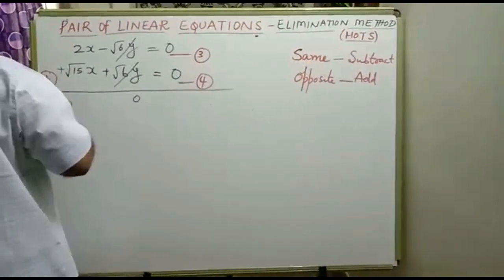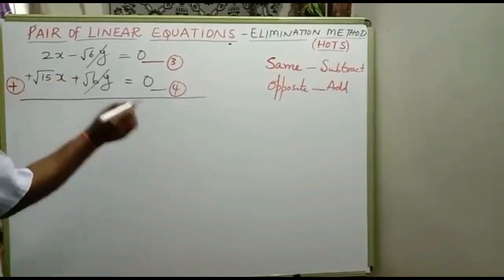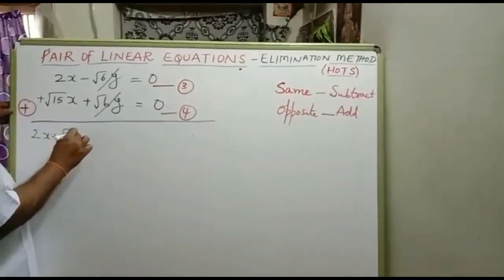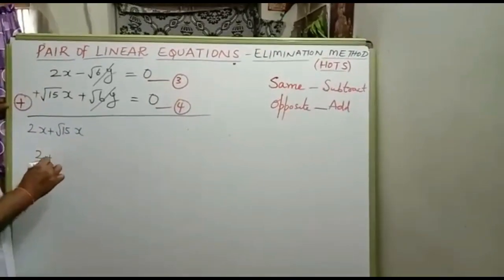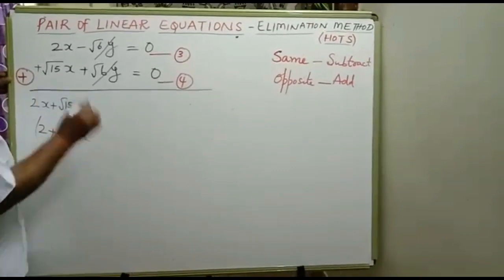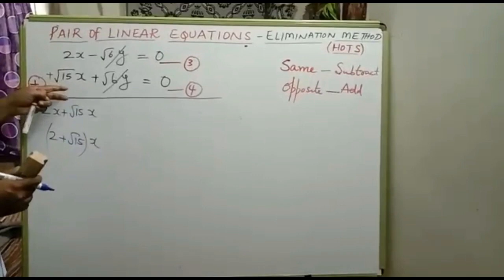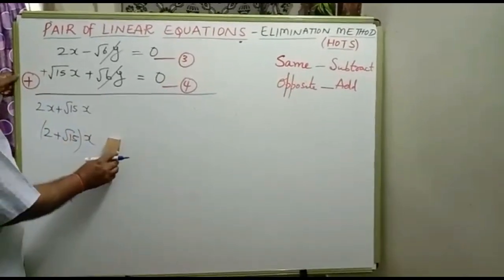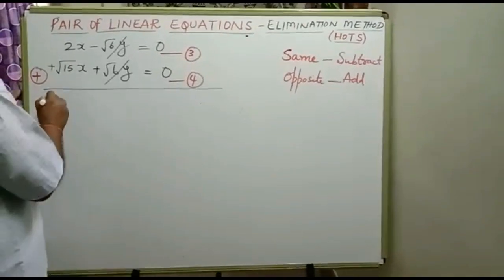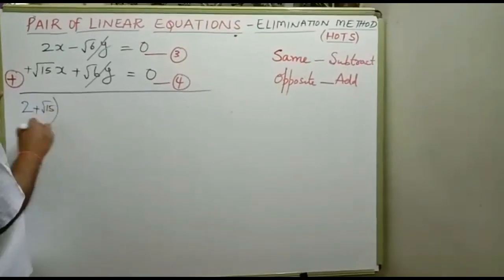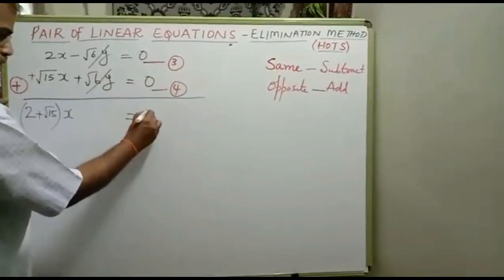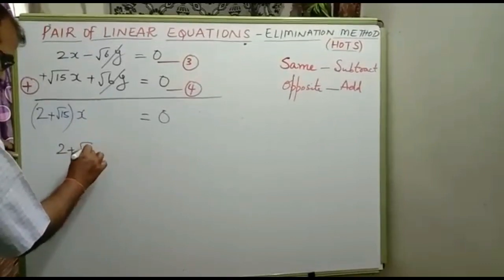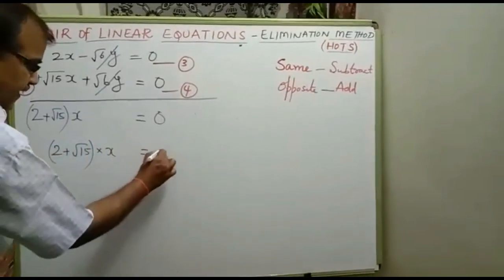Carefully see: 2x plus root 15x is nothing but 2 plus root 15 times x. If it were normal numbers, 15 plus 2, 17x, we could write, but here we cannot. So 2 plus root 15, and root 15 is an irrational number. Now 2 plus root 15 times x, and the other side is 0 plus 0, which is 0. So 2 plus root 15 into x is equal to 0.